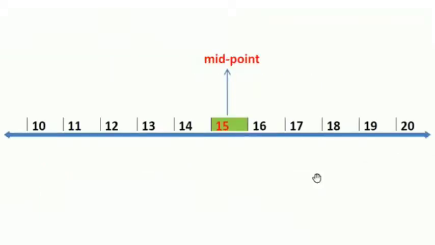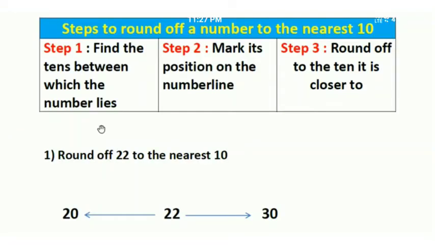Now we are taking the numbers 10 to 20 on the number line: 10, 11, 12, 13, 14, 15, 16, 17, 18, 19, 20. In this number line, 15 is the midpoint. Steps to round off a number to the nearest 10.